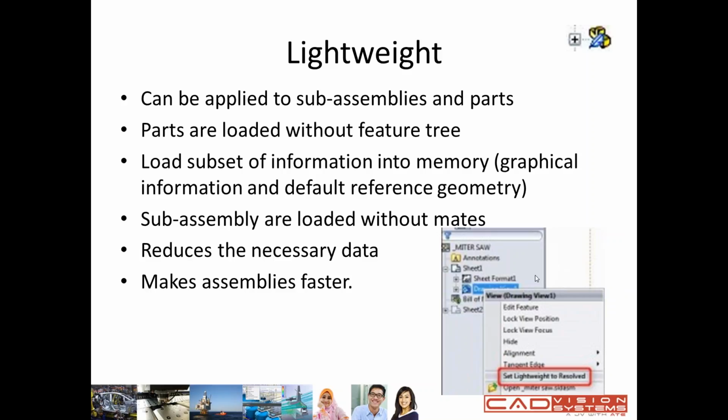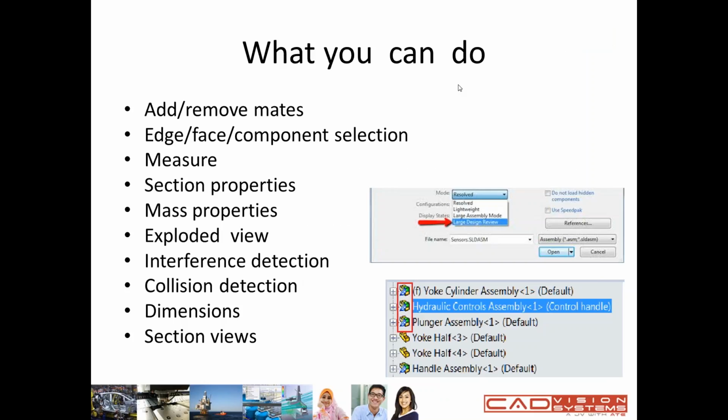If you see the picture at the bottom right, to set it to lightweight you just right click the component, and you are able to see the option to set lightweight or resolve.